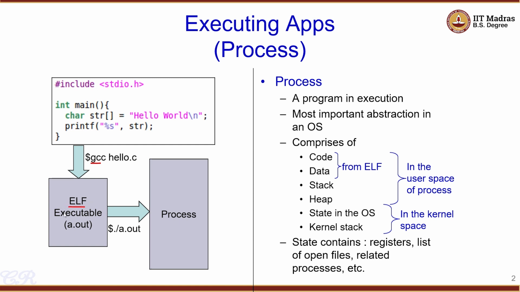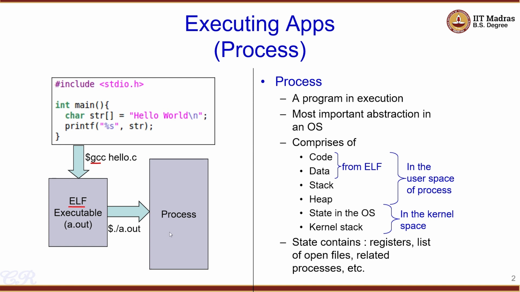ELF is essentially a format, and this executable is stored on your hard disk. To create a process, we run ./a.out, where with the help of the operating system, a process is created. So the process is an important abstraction of the operating system.